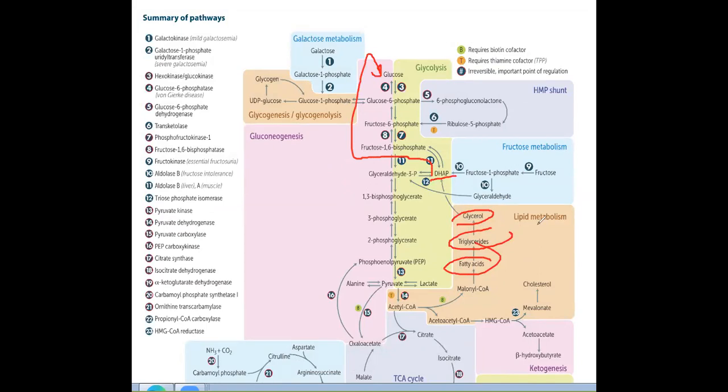So we have lots of pathways. So this neo word means from other substances like lipids or like proteins, okay, but not from carbohydrate.